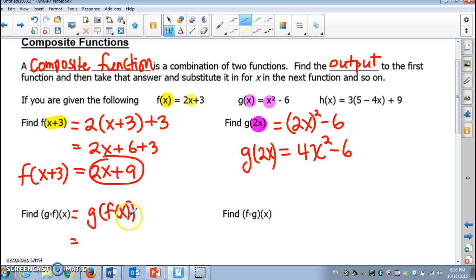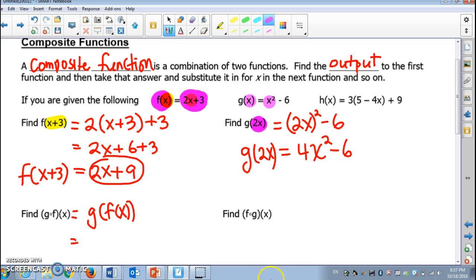So f of x will be the input for g of x. What does that mean? What was f of x? f of x was 2x plus 3. All right? Is that right?